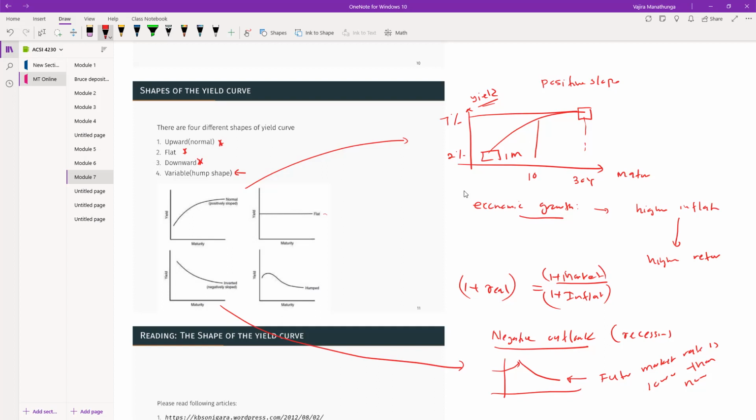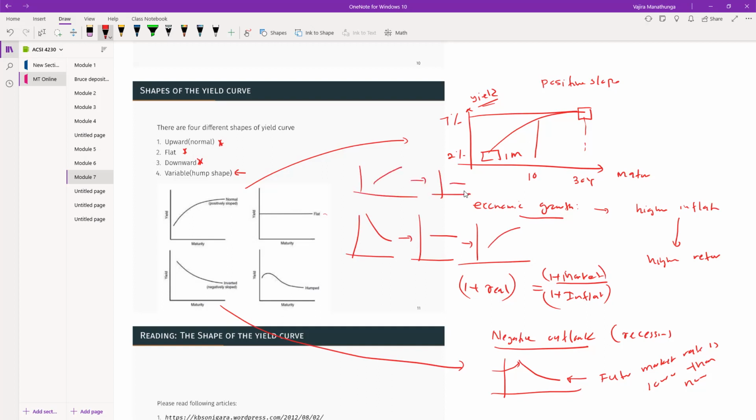So in between, you can have flat. For example, if you're going from recession to inflation, or from the negative to the positive outlook, in the middle you can have the flat curve, or the other way too.